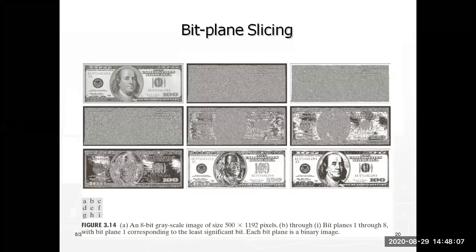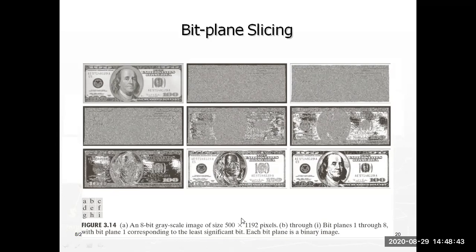Suppose I am changing the bits. I am changing through bit planes 1 through 8, with bit plane 1 corresponding to the least significant bit. Each bit plane is a binary image. If I change from the least significant bit plane to the most significant bit plane 8, the image changes depending on the bit planes, and the clarity also changes.